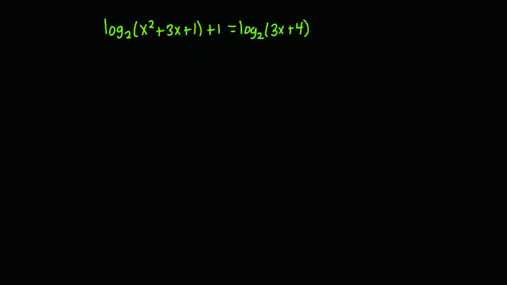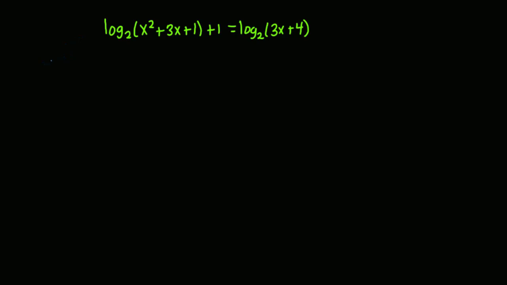Let's get into it. So, what I'm going to do is bring all logarithms to one side, and numbers, or let's say terms that are not logarithmic, will go to the other side. So 1 will go to the right hand side, and log to the base of 2 of 3x plus 4 will come to the left hand side.